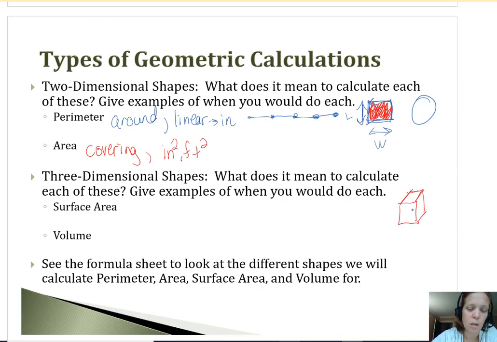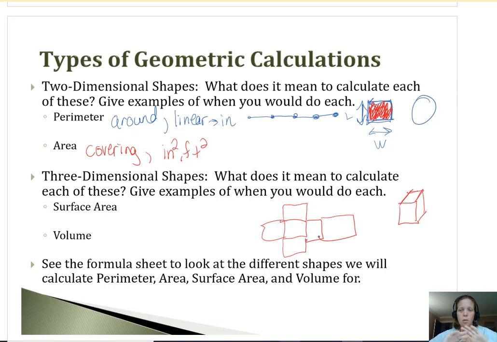Now the things we're going to calculate here would be either surface area or volume. If we're talking about the Kleenex box surface area, think about the cardboard that it started off as before you fold it into a box. You had the base, and here's one of the sides, and another side, and another side, and another side, plus probably the top.